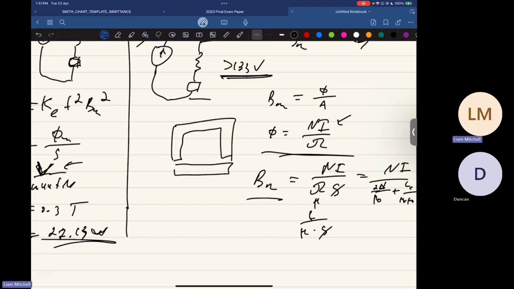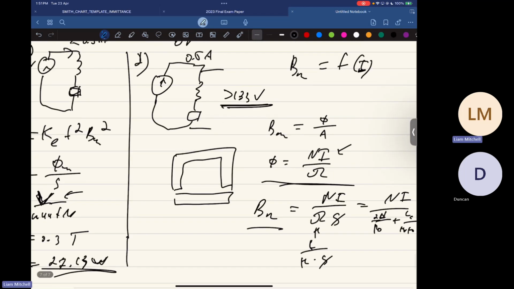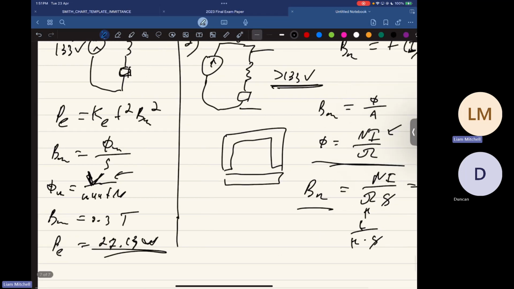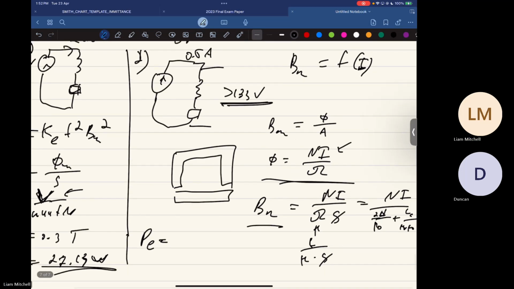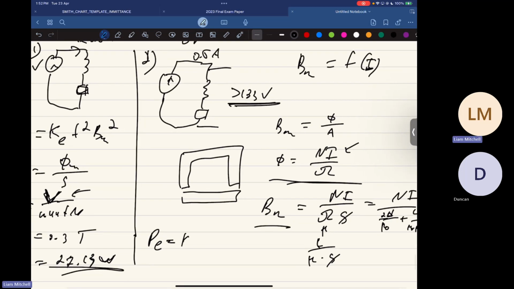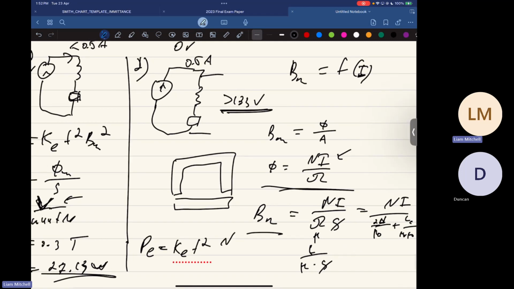Then this is our Bm, and then we sub this value into our formula for PE. PE is Z times some coefficient KE F squared, and then N squared I squared, and then this is squared. This is 2D over mu naught plus LC over mu R mu naught.